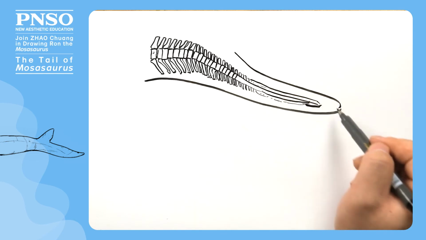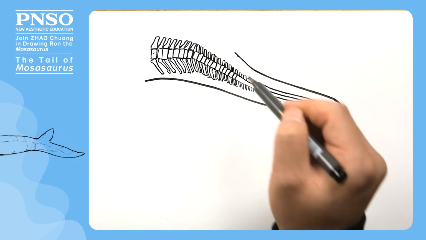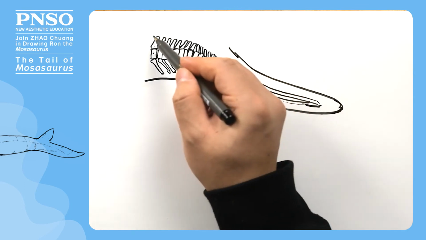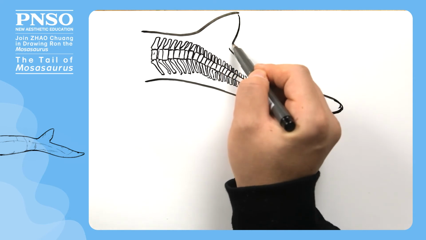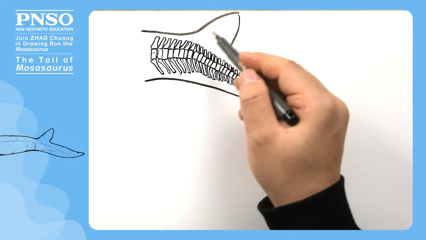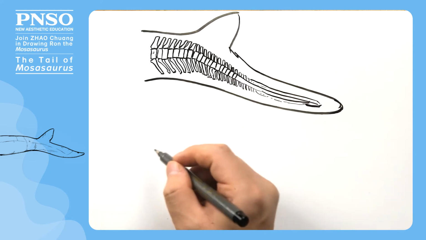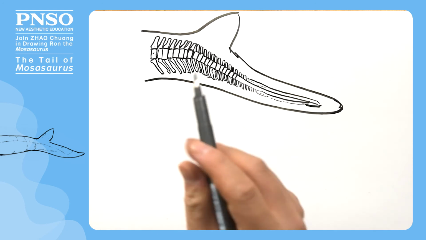The end of its tail was pointed. Above its tail bend, there was a fin like this. Together, they formed a crescent-shaped tail. Good. Next, let's draw a reconstruction look of Mosasaurus tail.